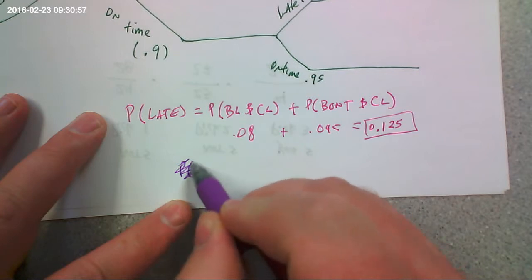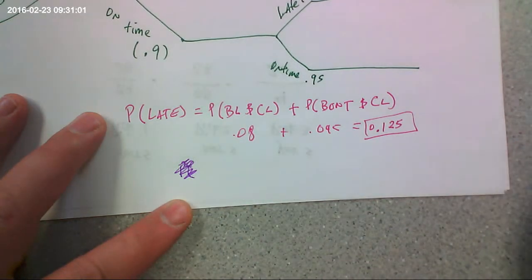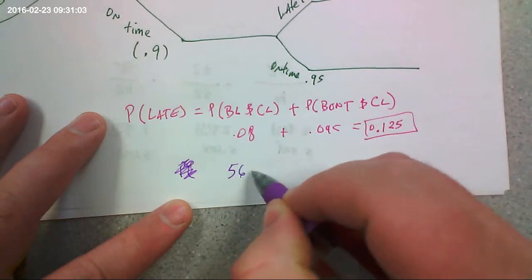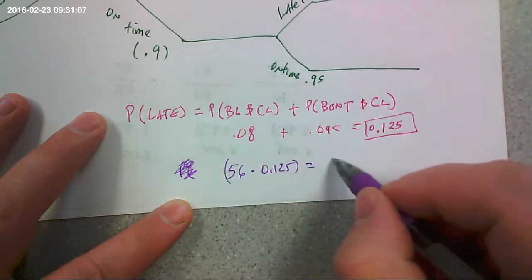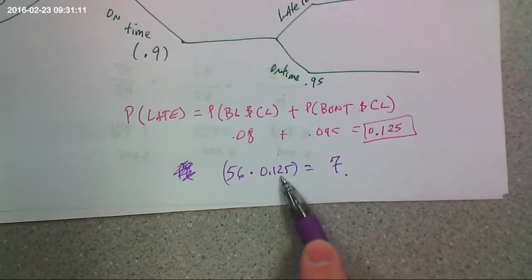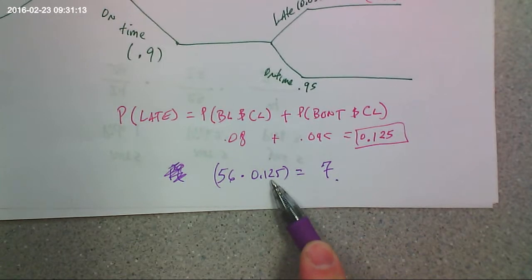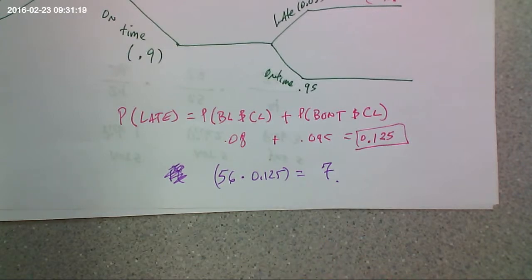What's the expected value for him being late over a 56-day period? So you just do 56 times 0.125, and that is 7. And the reason I knew it was 7 is because I know that's 1/8. The reason I know that's 1/8 is just because I know stupid things that don't do me any good sometimes. 0.125 is 1/8. Okay, good? Yeah? Okay.